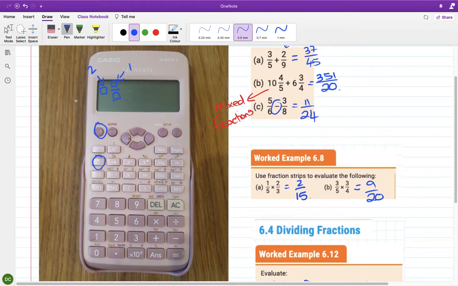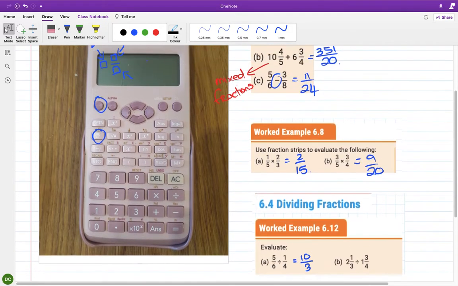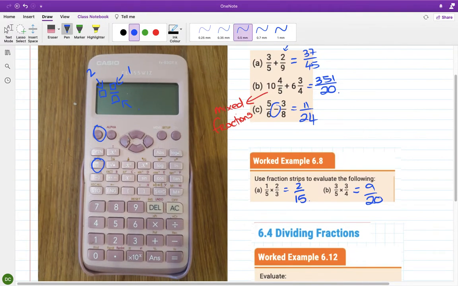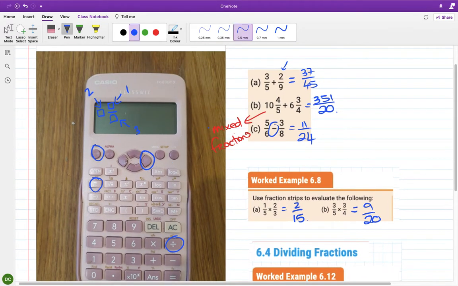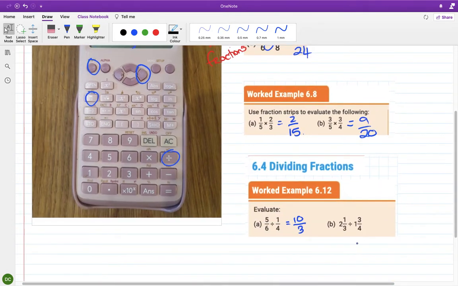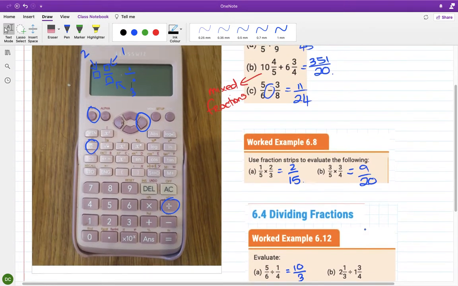Your 1 goes in here, and your 3 goes in here. So that's your 2 1/3. You press this, it's a division, so you press divide, and you get your divide in the middle. And then the second one is mixed again, so you're going to have to do that again.